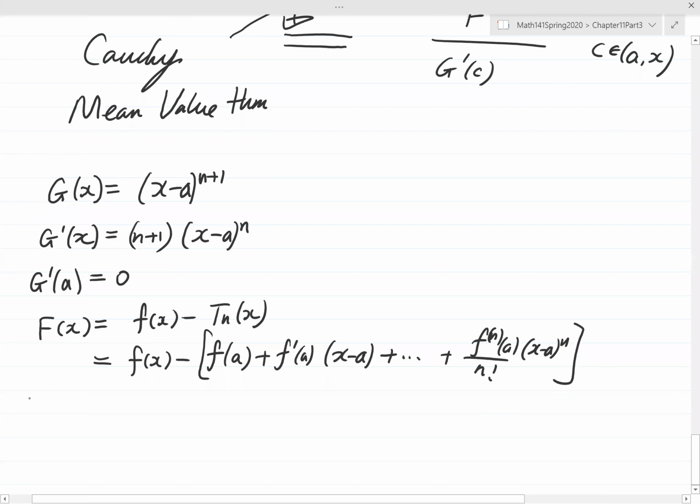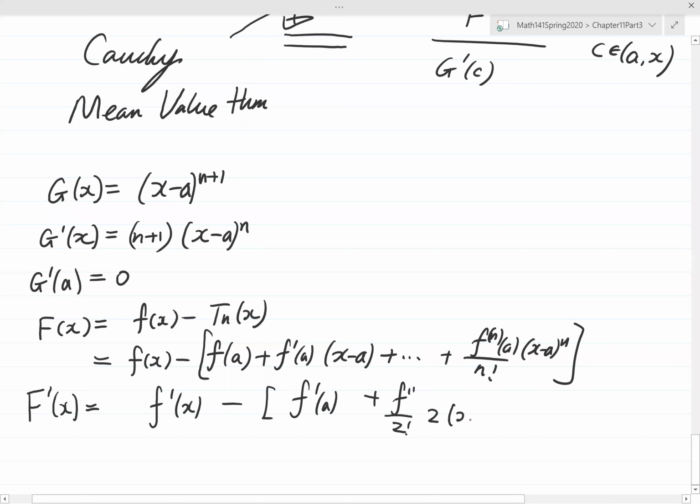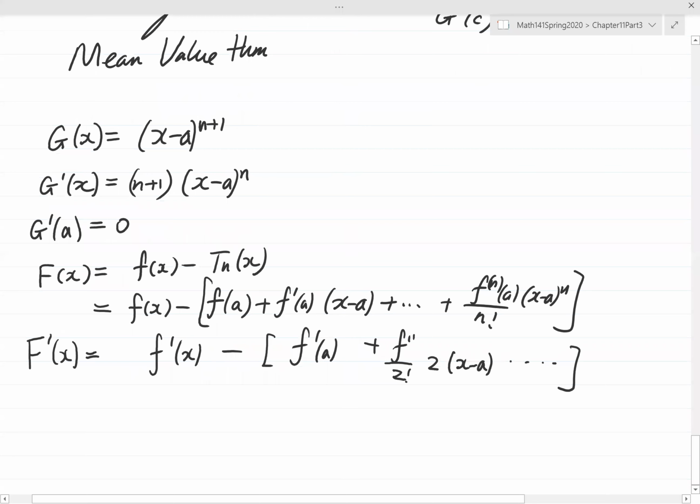Now you check that F' is f' minus the other terms, f' plus f'' over 2 factorial times 2(x minus a), etc. If you plug in a, the terms with x minus a vanish, so finally you have f'(a) minus f'(a), and the others are 0. So I get a 0.